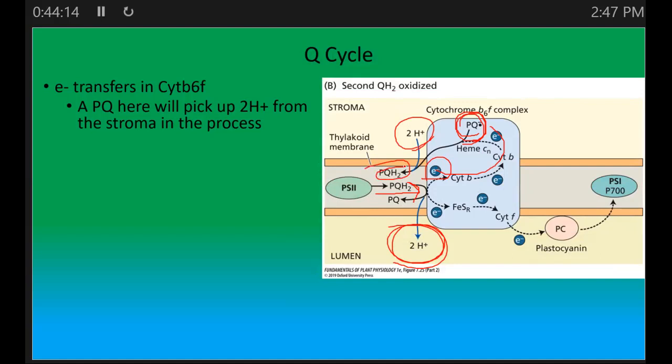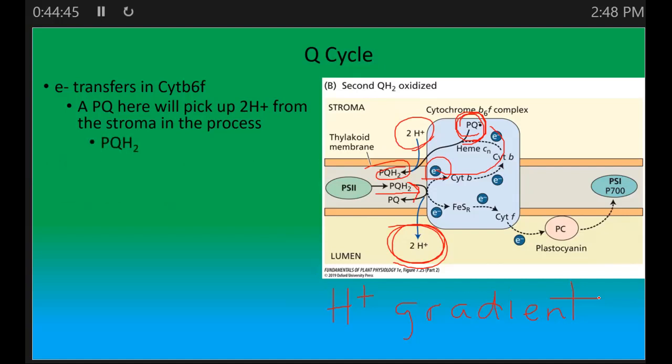All right, so you have a disappearance of protons from the stroma, and you have protons getting dumped into the lumen. So when you see that happening, what you are really describing is a proton gradient across the thylakoid membrane. You have an imbalance of protons. In this case, more protons are starting to show up in the lumen compared to what you see in the stroma. So that's a proton gradient across the membrane.